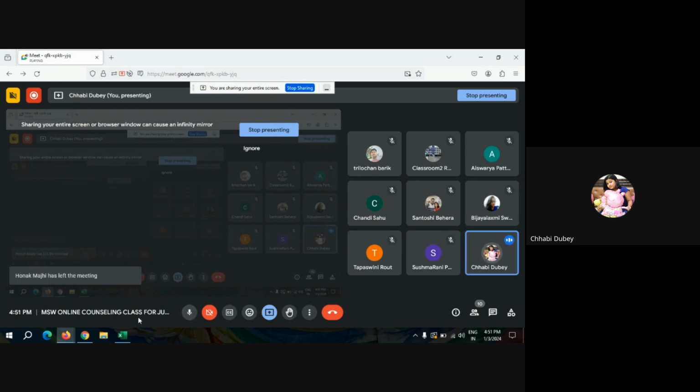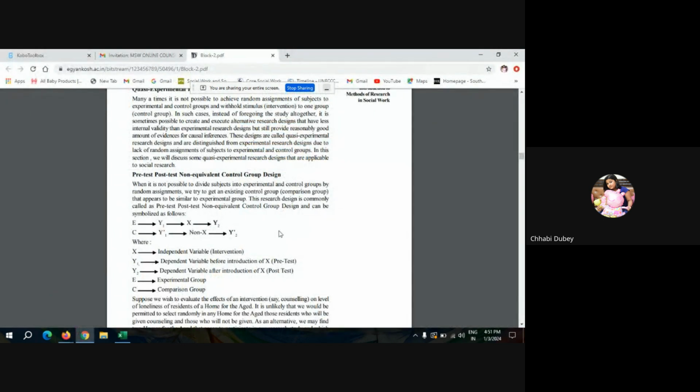Yes, so we were talking about quasi-experimental research design, and this is the first type of quasi-experimental design, known as a pre-test, post-test, non-equivalent control group design, where we are not going to randomly select individuals into the existing control group or the experimental group.